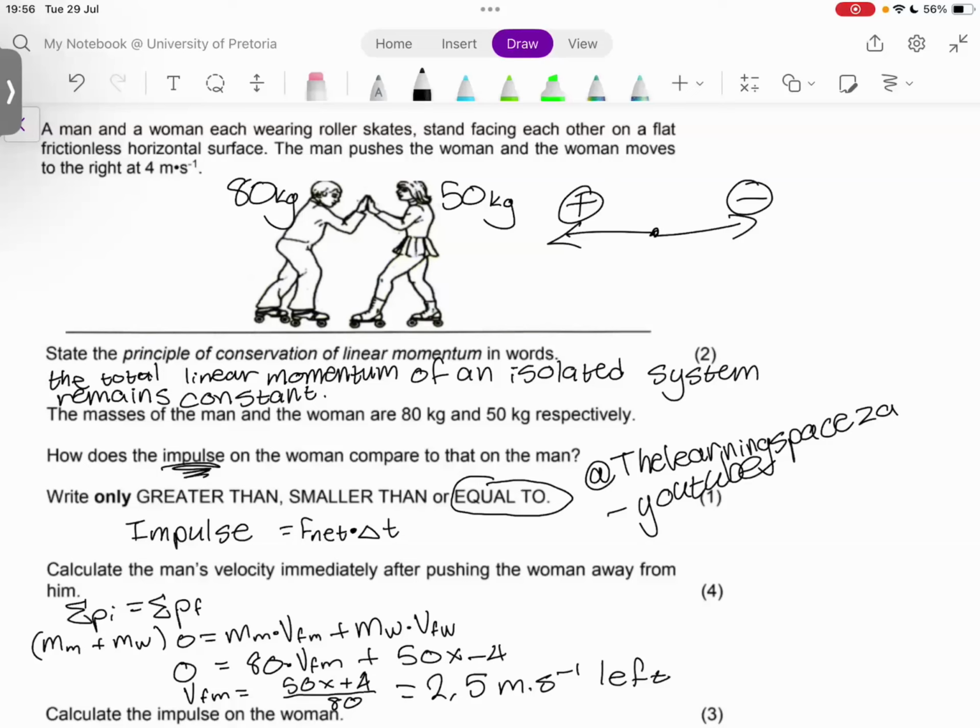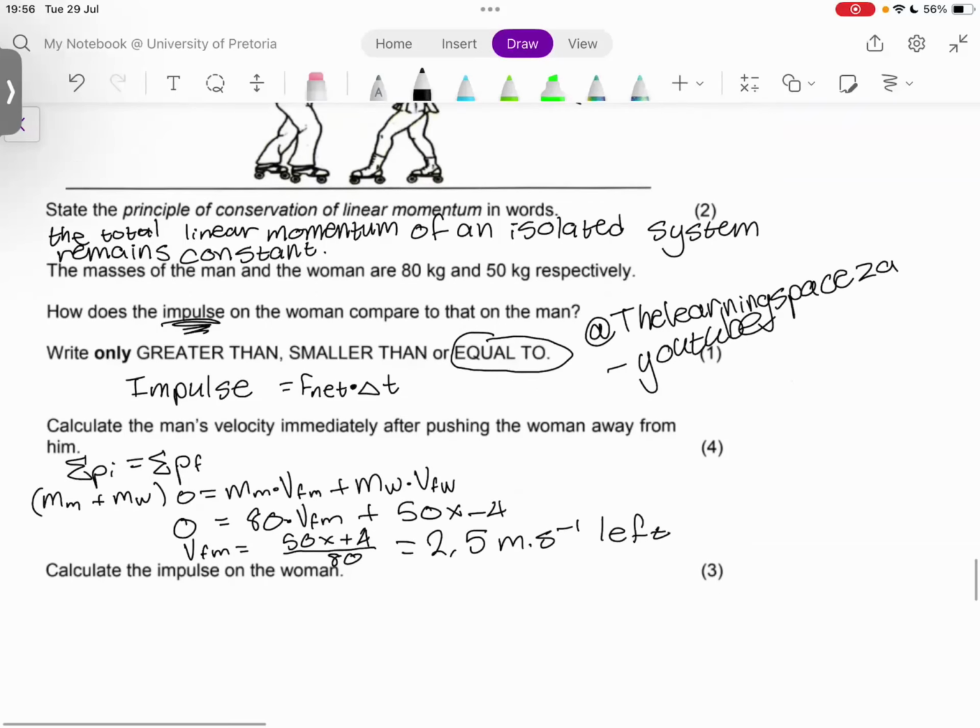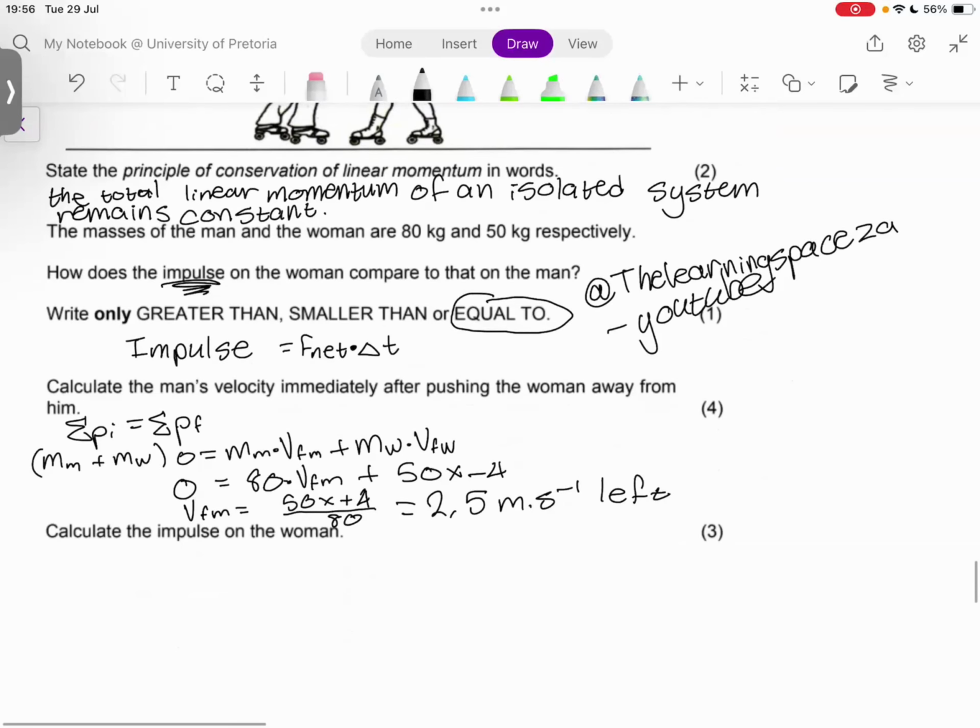Remember how I mentioned that the impulse on both the man and the woman are the same? This question will just clarify and show you and back it up with math. So for the first option, I'm going to work with the woman's properties.